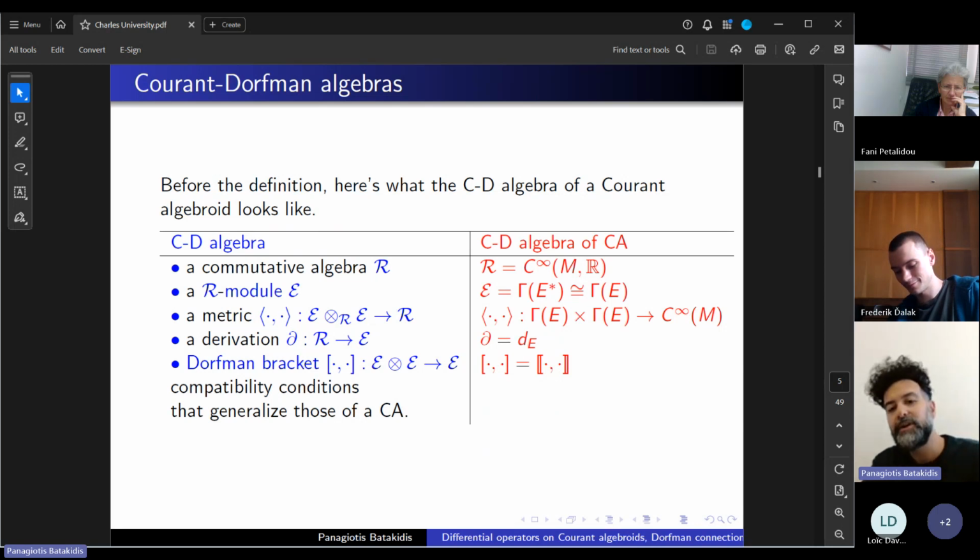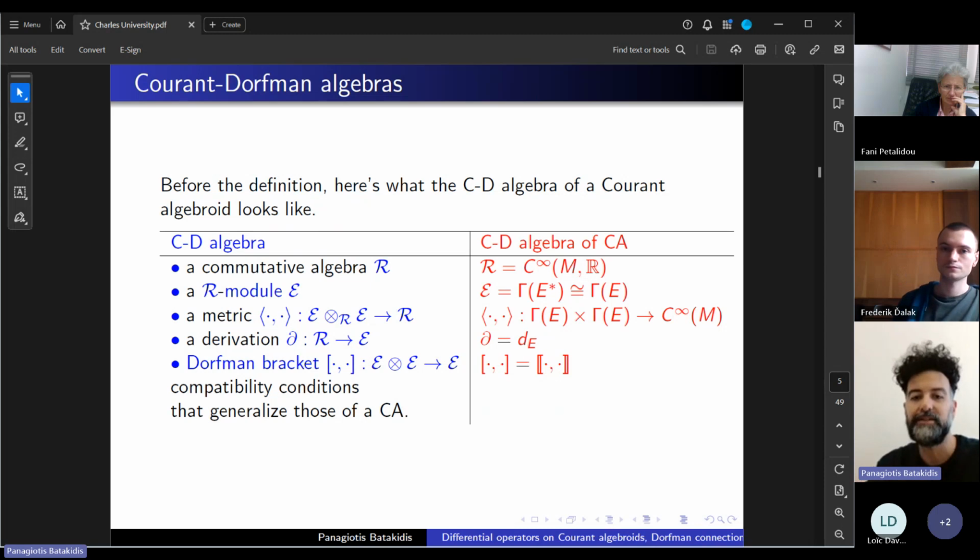So from now on, a Courant-Dorfman algebra for us will be what you see on the right. It will be built from everything you already have from the definition of a Courant algebroid, and it will satisfy the same conditions that you expect.